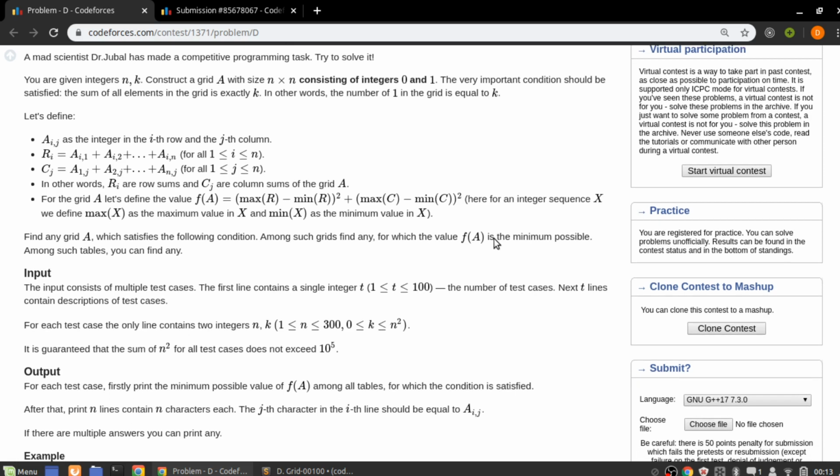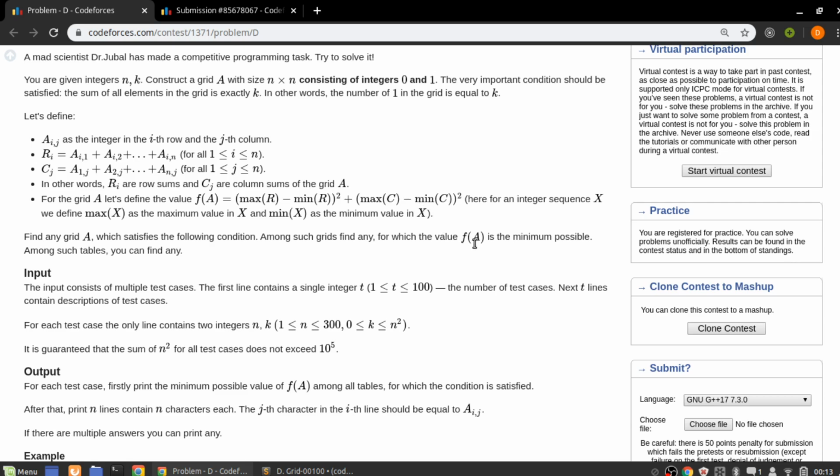Now we are given a function f(A), which is (max R minus min R) squared plus (max C minus min C) squared. That is, the maximum number of ones in some row minus the minimum number of ones in some row, squared, plus the maximum number of ones in some column minus the minimum number of ones in some column, squared.